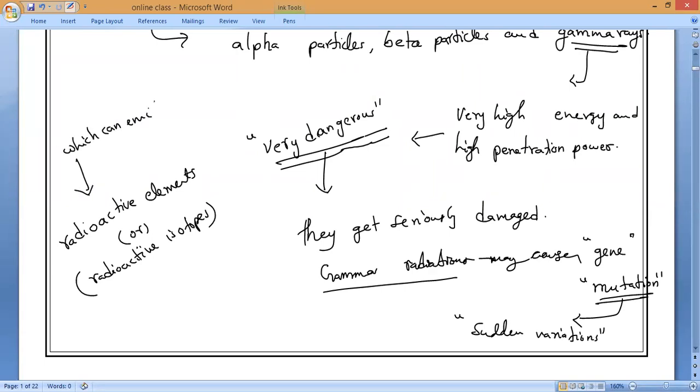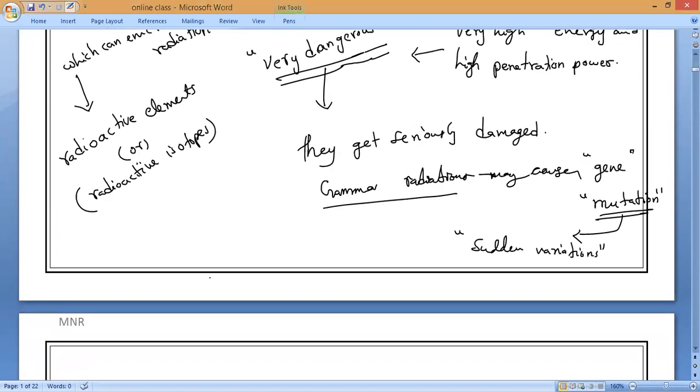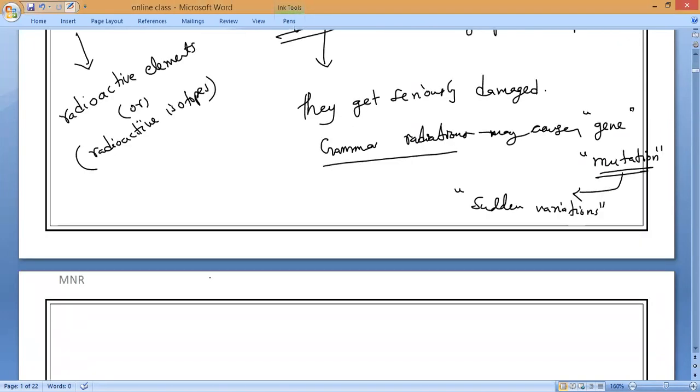Which can emit radiation? They are called radioactive elements, or radioactive isotopes. Is it okay, all of you? Now this is what radioactive isotopes and radioactive elements are.